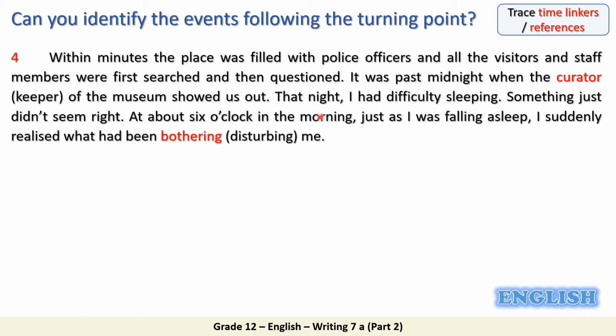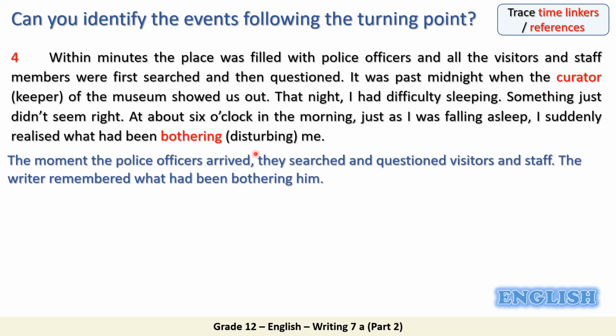It was past midnight when the curator, the keeper of the museum, showed us out. That night, remember, reference to time, right? I had difficulty sleeping. Something just didn't seem right. At about 6 o'clock in the morning, time reference again, just as I was falling asleep, okay, using past tenses in narration, I suddenly realized what had been bothering me, disturbing me.